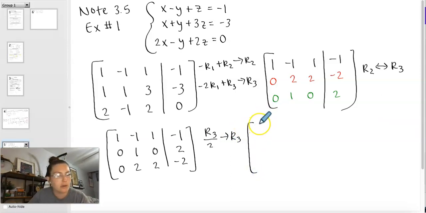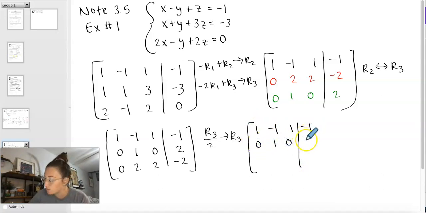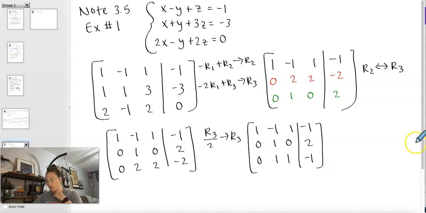I just noticed it, so I'd rather take care of it. 1, negative 1, 1, negative 1. Do you have to do that? No, definitely not. 0, 1, 0, 2. And I get 0. Dividing all this by 2, I'm going to get a 1 and a negative 1. Perfect. Okay, so now we can move on.